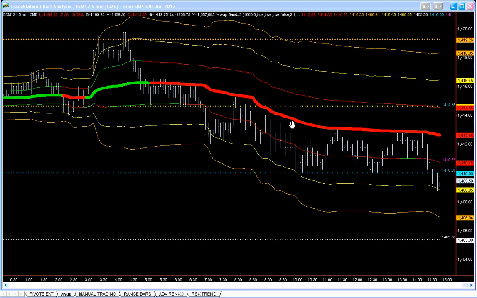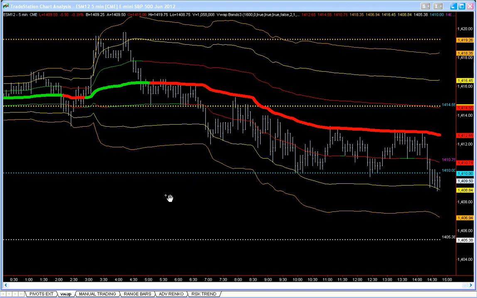According to some sources, the VWAP is a useful tool from the standpoint of professional traders who want to trade as close to the VWAP as possible when they execute. And we, of course, don't use it for that purpose. But what we do find in this particular indicator are standard deviation bands.